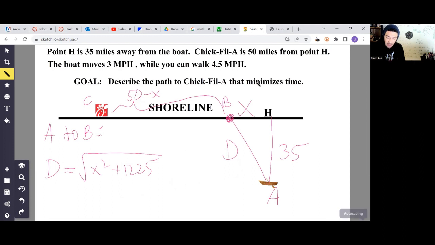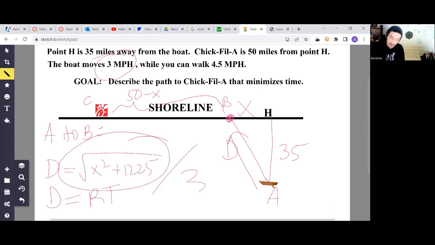And we also know that it's going to be distance equals rate times time. And on this boat, the rate is 3 miles per hour. So we know that if we take this and divide it by 3, that's going to be the time for the first part of the journey. So let's write that down somewhere.